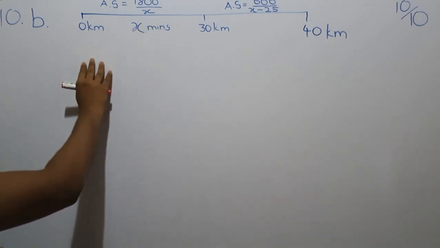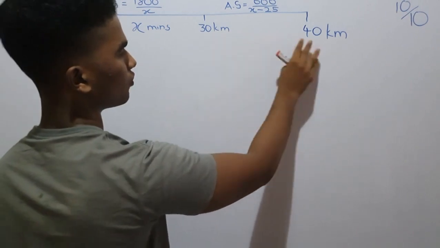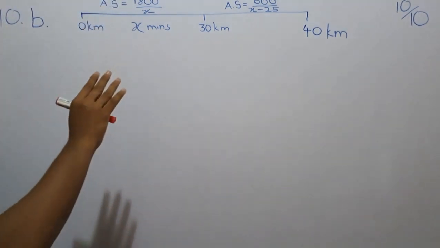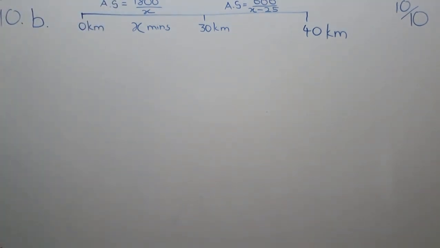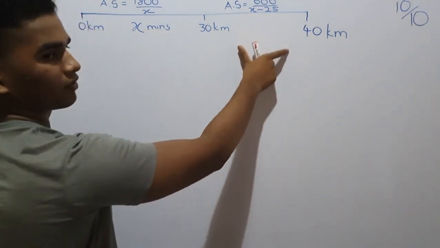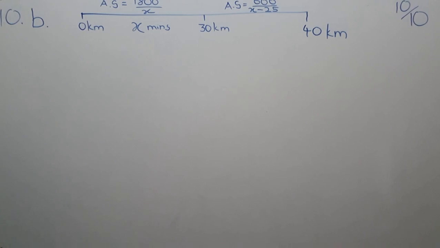And they are telling that from 30 to 40, she travels 10 kilometers per hour less. So what is the speed? 5 kilometers per hour. Similarly, her average speed for the first 30 kilometers of the journey is 8 kilometers per hour slower than her average speed for the final 10 kilometers.